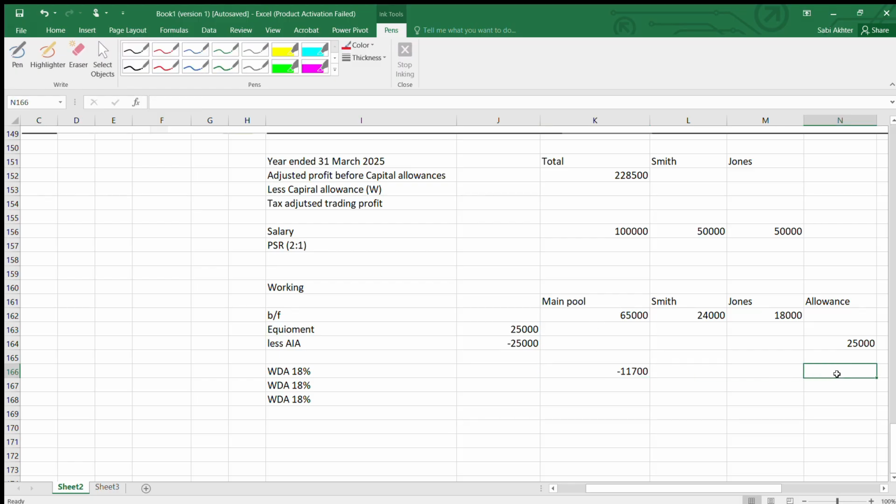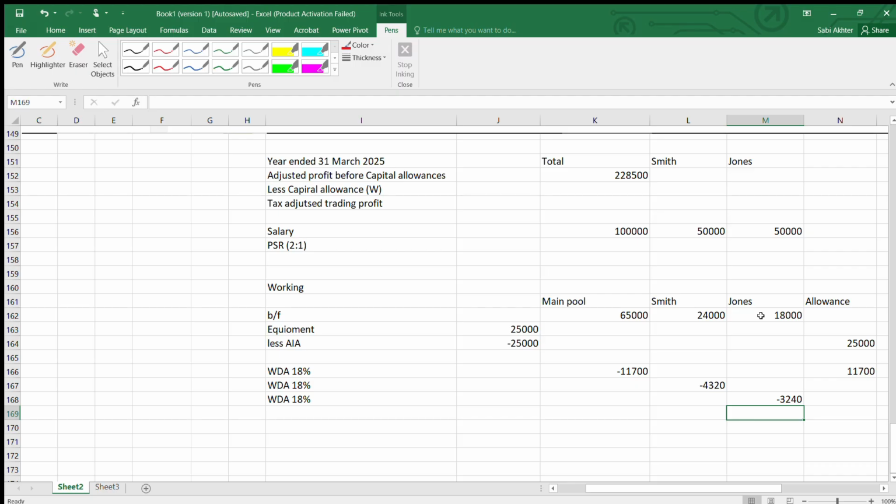This is an allowance, so immediately I will write it in the allowance column. Then even Smith is having 25,000. So here, looking at the CO2 emission, it goes in the main pool. Minus 18% into 24,000, 4,320, and here equal to minus 18% into 18,000, minus 3,240.